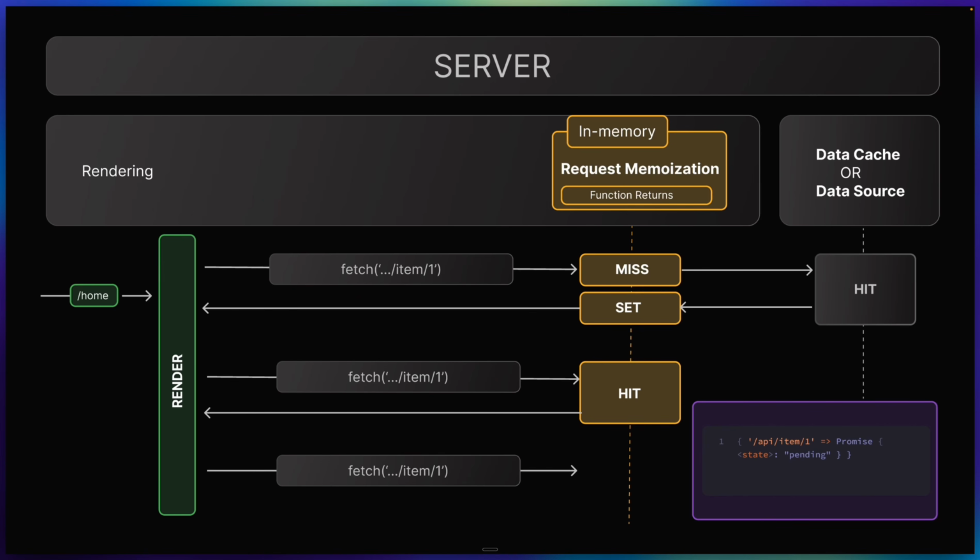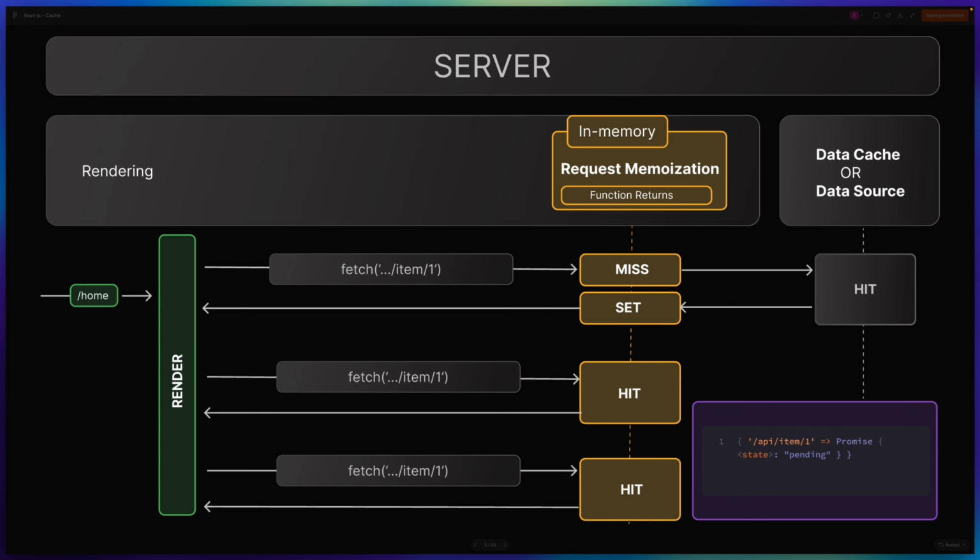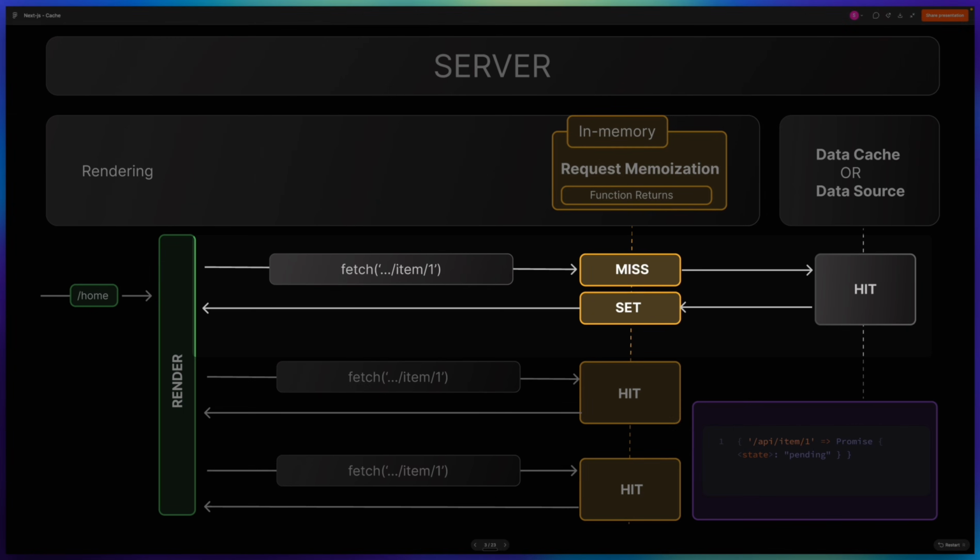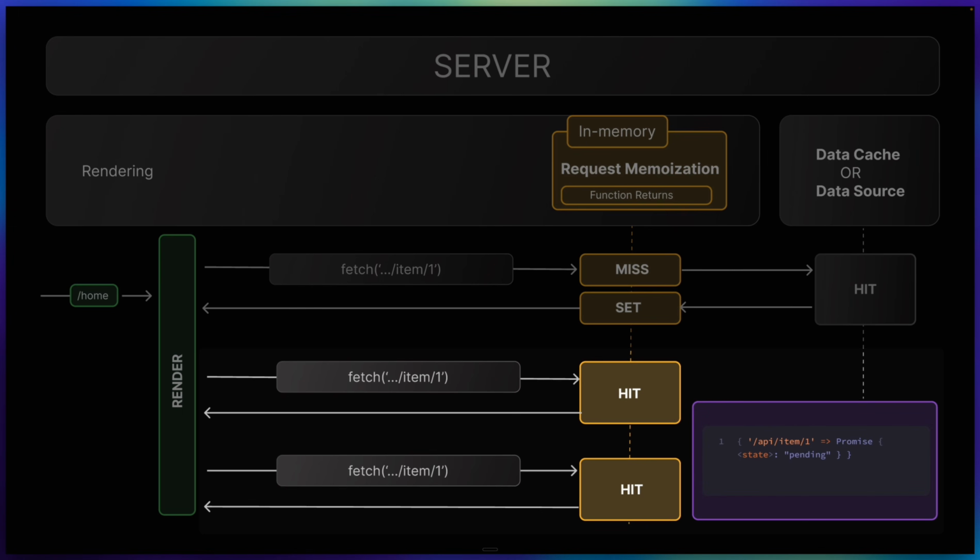Now every repeated fetch for the same URL during this render will share the same promise, whether it's still pending or already resolved. This keeps the render efficient, avoids duplicate network calls, and lets each component fetch what it needs without prop drilling or coordination. So in short, the first call triggers the request and stores it in the promise, and every identical call after that just reuses that promise.